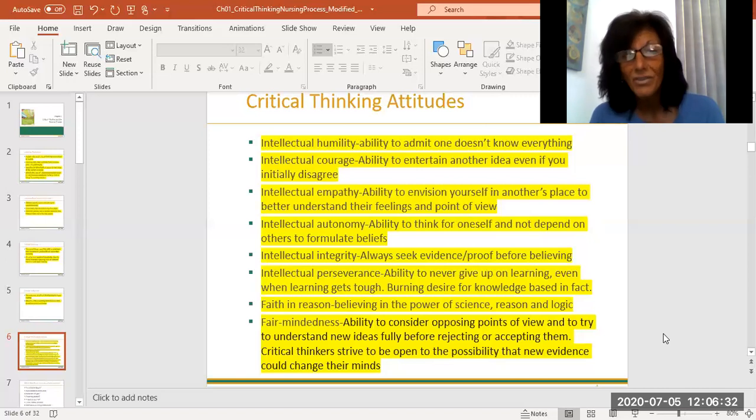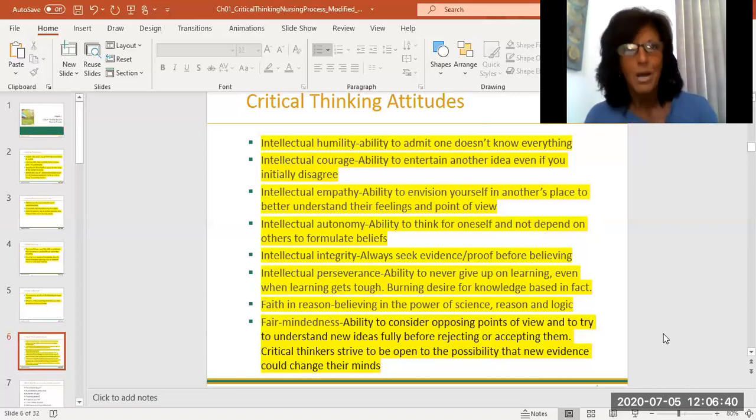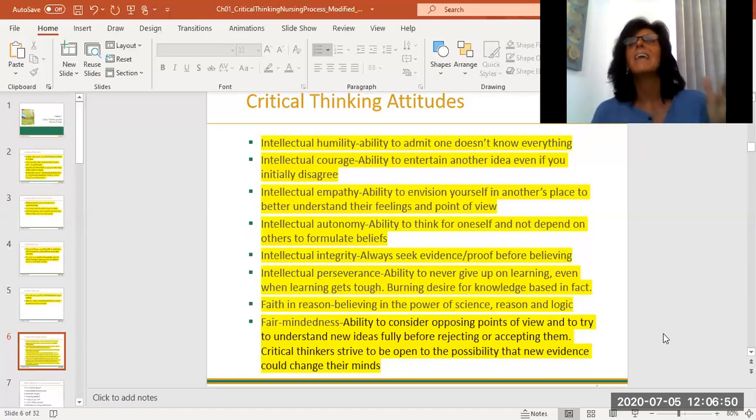So intellectual integrity, you have to seek out your own evidence. Question everything. Question me. I will never be offended, okay? Because that is a sign of intellectual curiosity and integrity and courage. You want to see the evidence. It's not Miss Mary's way. It is the way, right? And I can always back my stuff up.